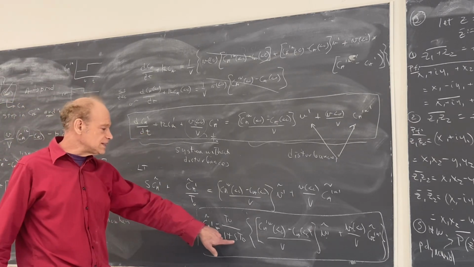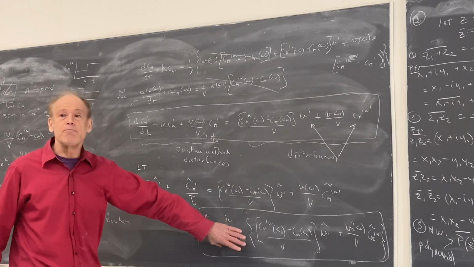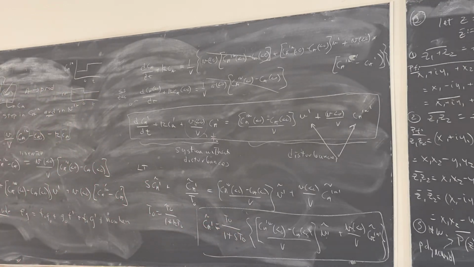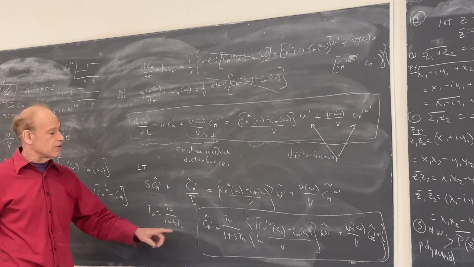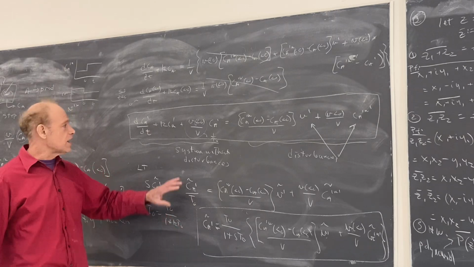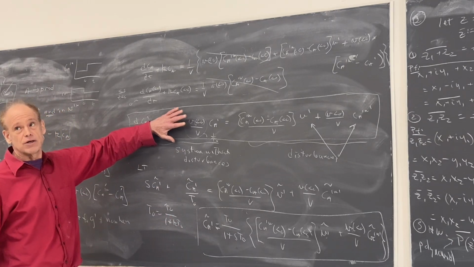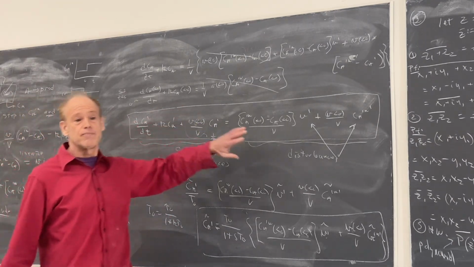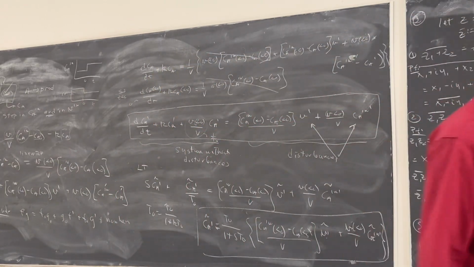The bulk of the denominator is the system. It's independent of disturbances. So the left-hand side characterizes the system. The denominator characterizes the system, not the disturbances. And that's the point I want to make here: the denominator comes from the left side of the equation, which is the system.